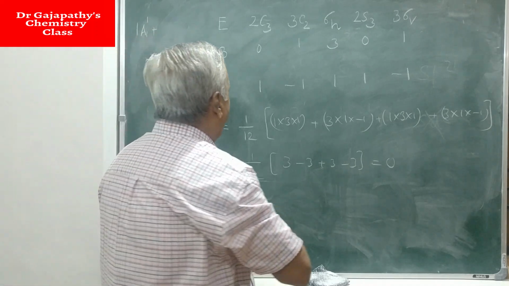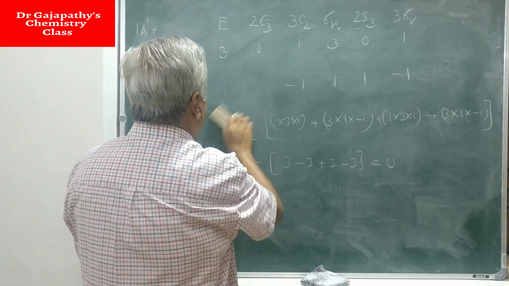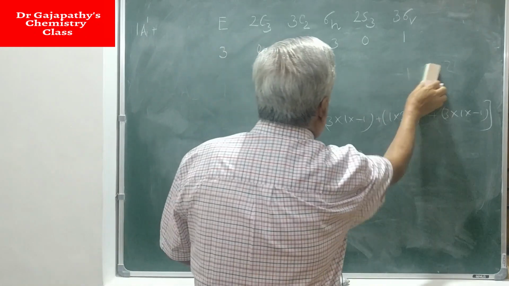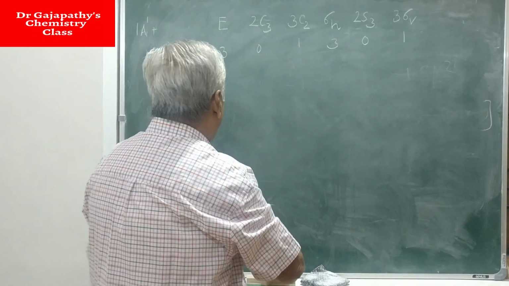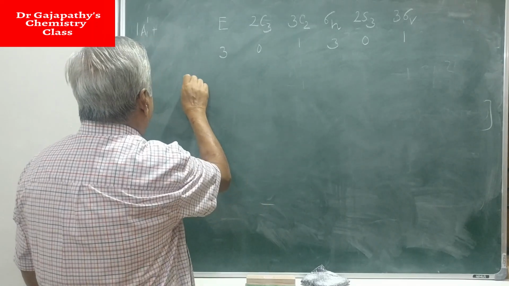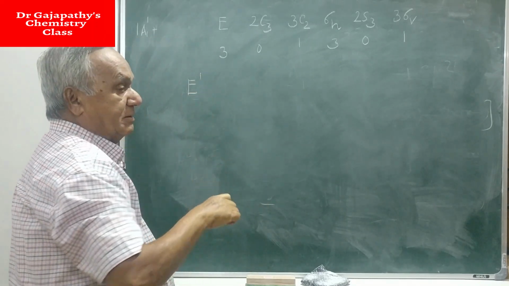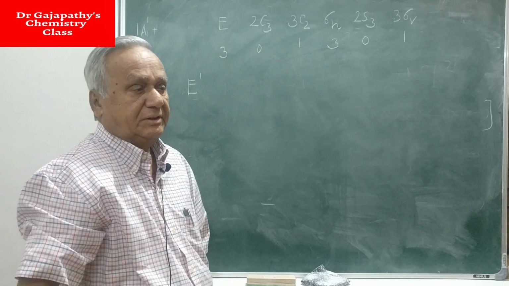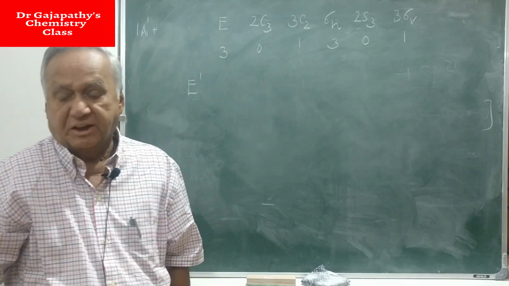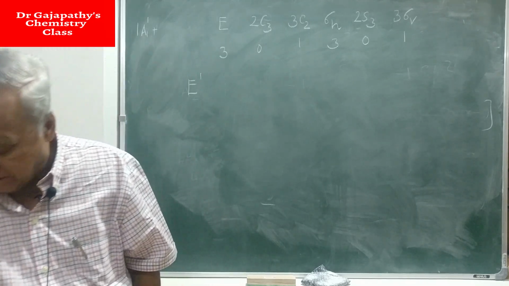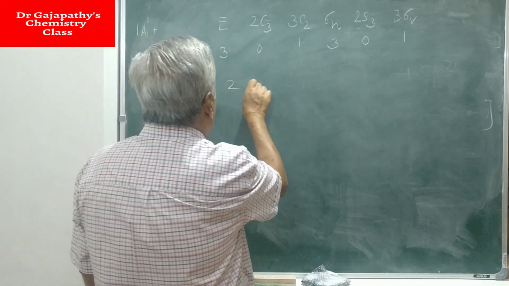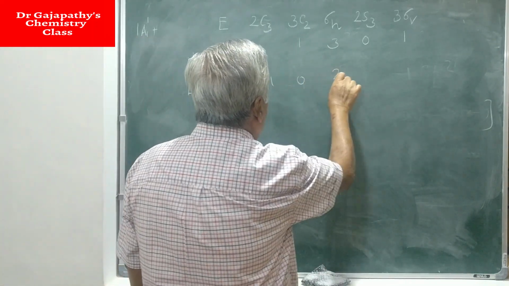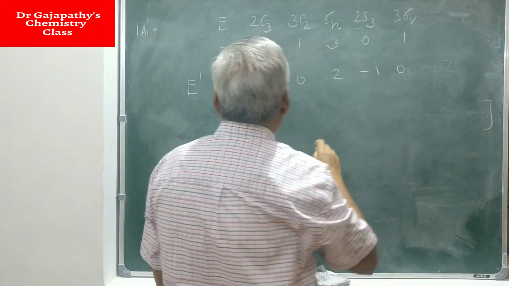Then I find out how many E primes are there. The characters of the irreducible representation E prime are 2, minus 1, 0, 2, minus 1, 0.